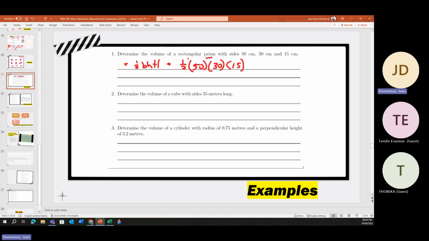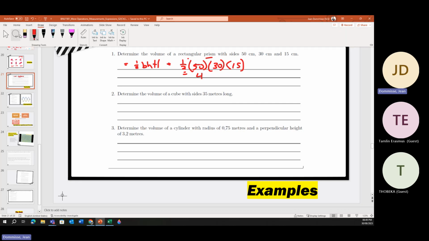So a half times 50 times 50 times 15, and that will give your answer. That doesn't seem right. Let me just do 0.5 times 50, 25 times 50, 750 times 15.